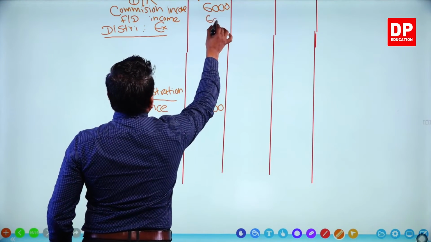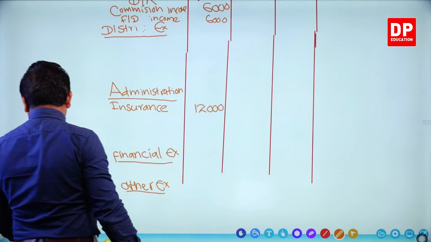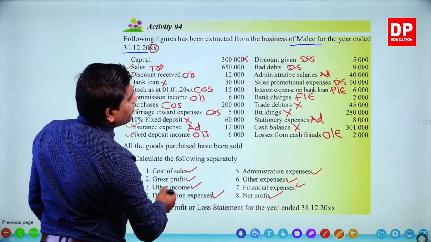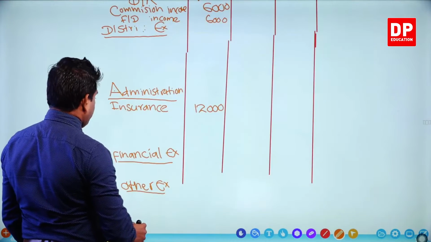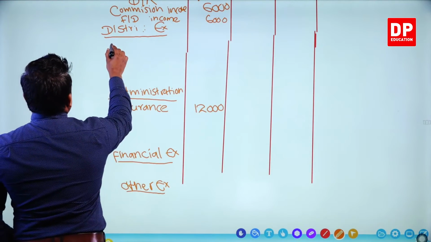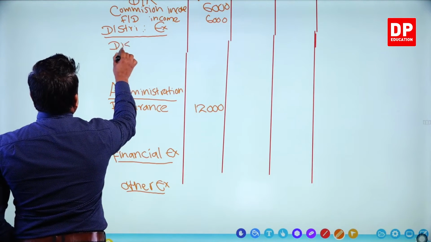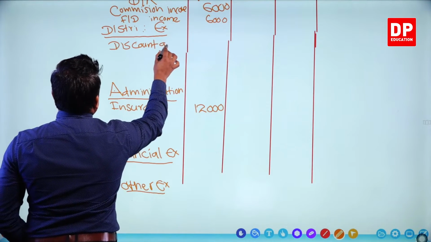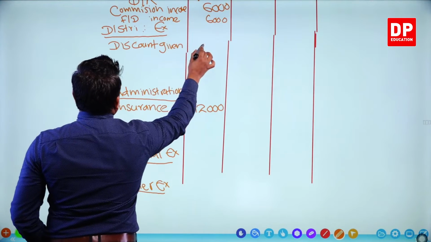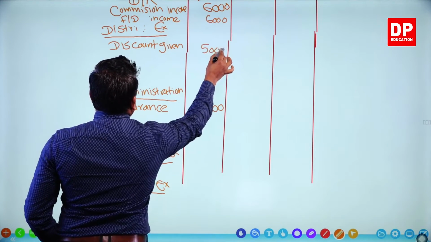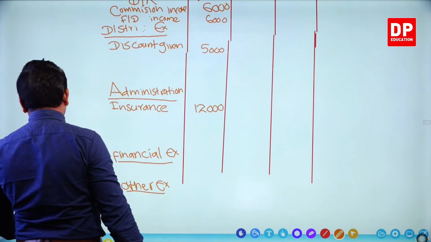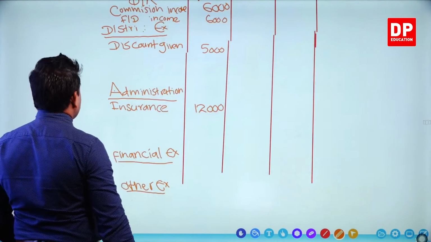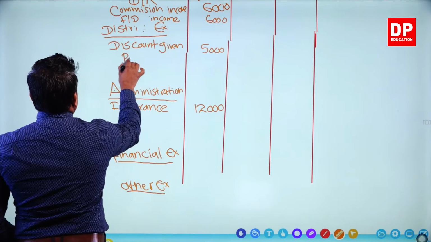Here you put. Then discount given 5,000. Discount given 5,000. It comes in the first column. Bad debts 9,000.